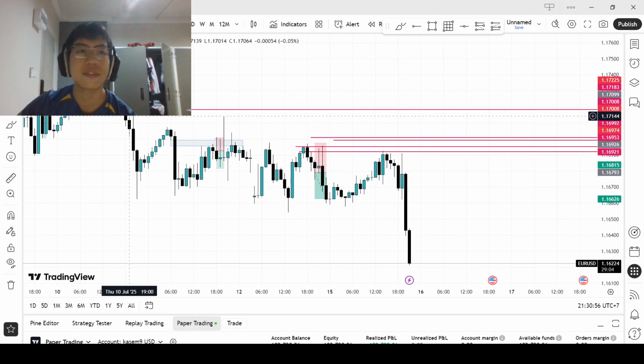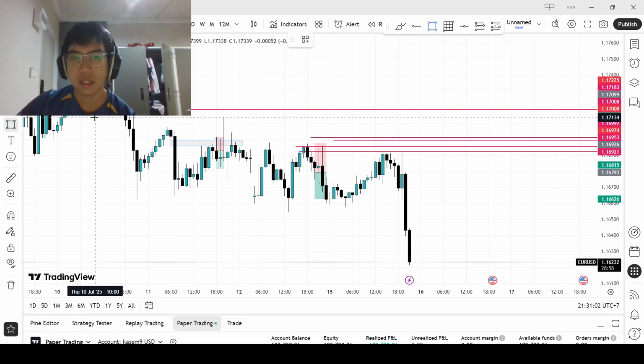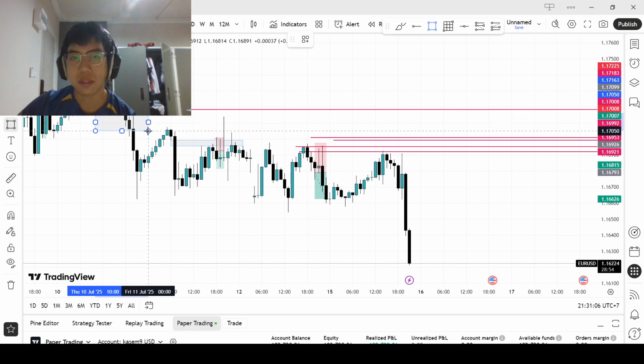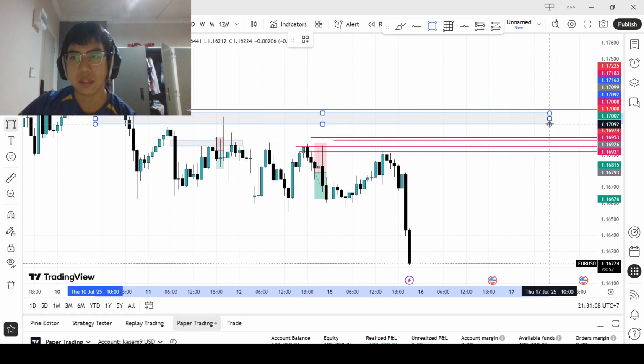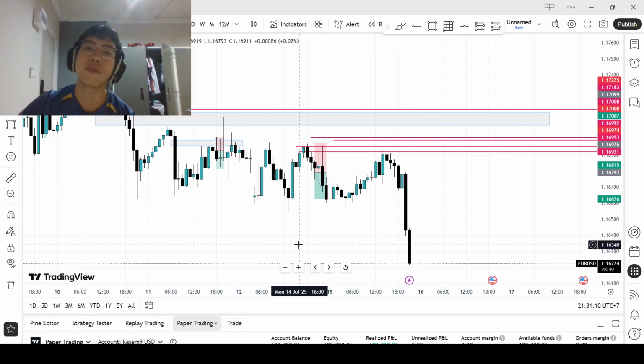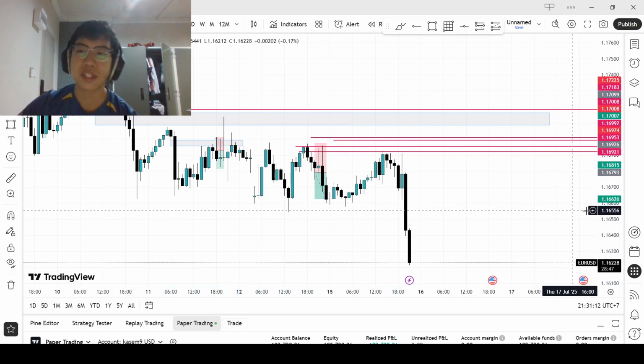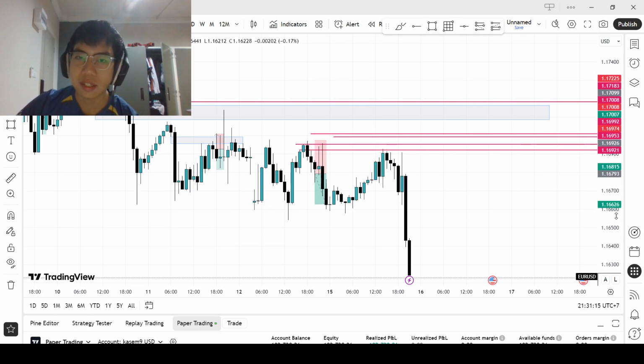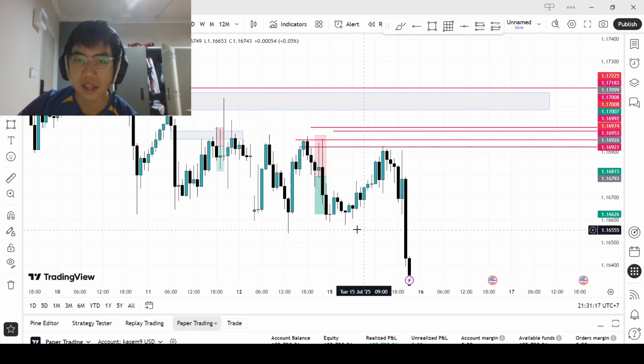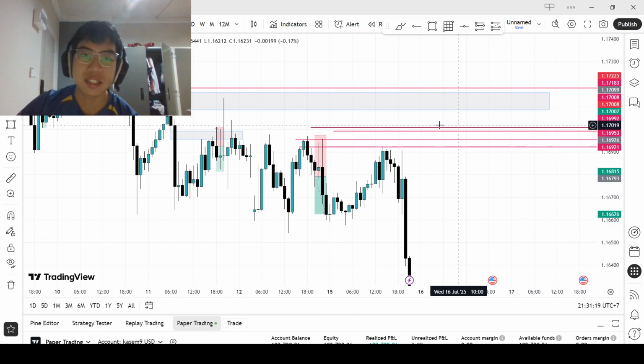Actually, this was the FVG that was filled. That doesn't really have anything to do with our trade, but it still serves as extra confirmation that the market is indeed in a bearish trend.